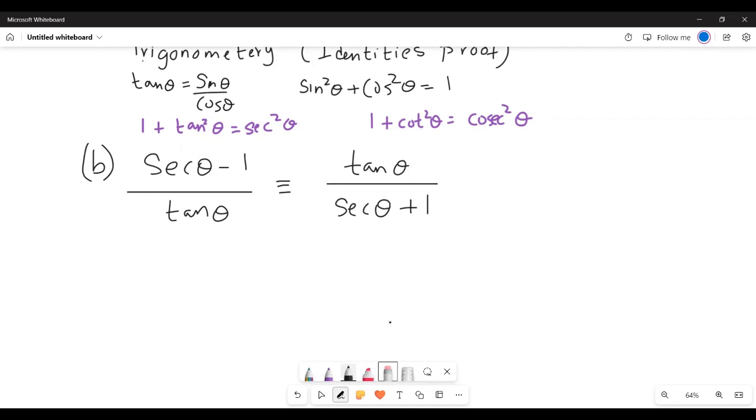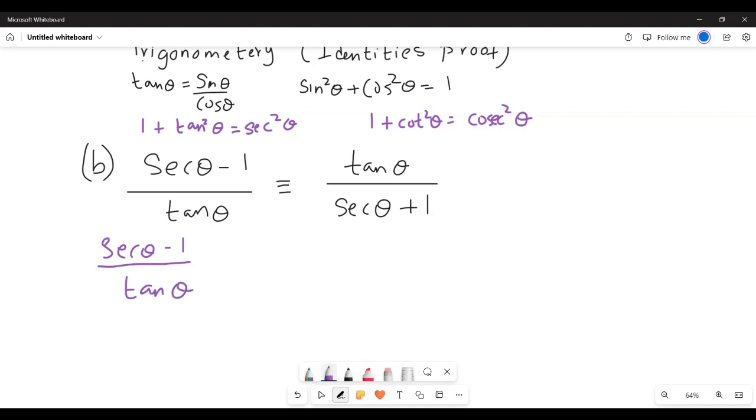Now again, it's up to you whether to show that the left side is equal to the right side or vice versa. I'm going to start with left and show that it's equal to the right hand side. So secant theta minus 1 upon tan theta.